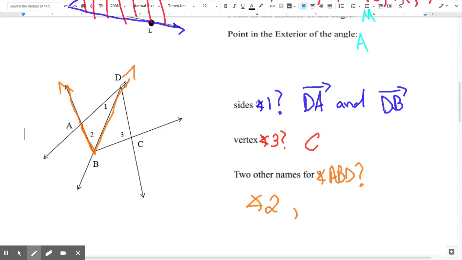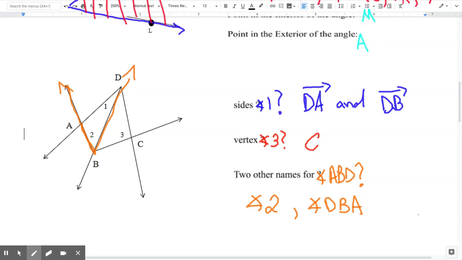Because if you trace from D to B and then through A, you're just tracing out the same sides again. We are practicing this not because you need to list the names of angles a bunch of times. You don't need to name an angle in all kinds of ways. What's more important is that you understand that all of these are valid ways to name that angle. They're all describing the same thing.